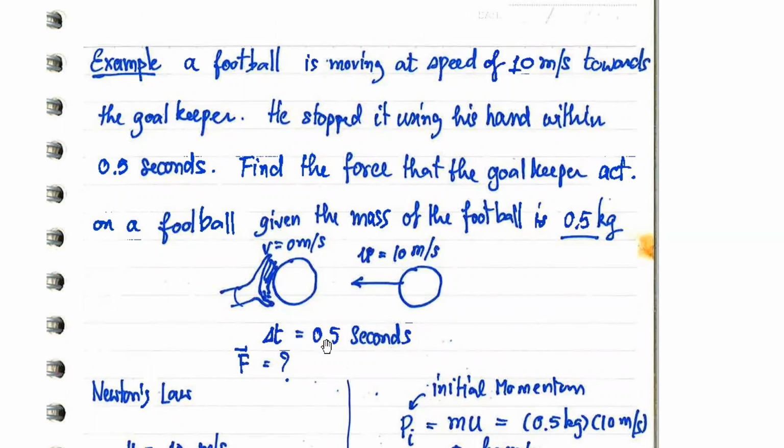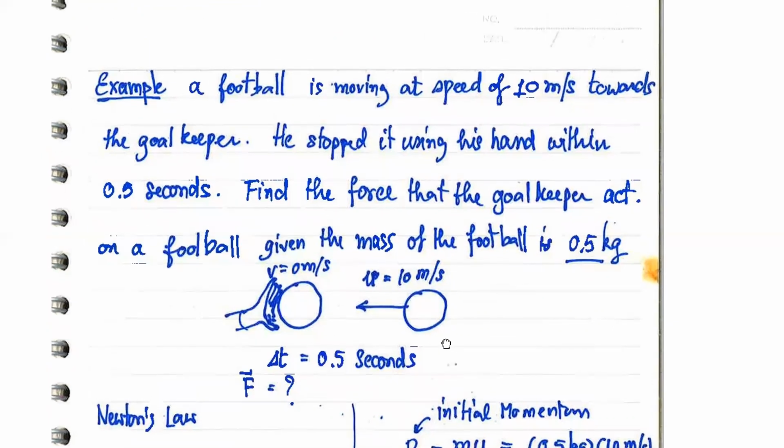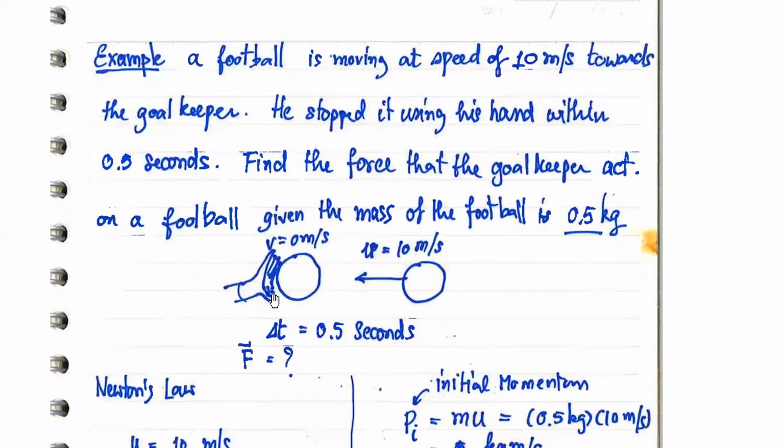And the time is 0.5 seconds. And they ask, what is the force? Well, think of it as Newton's law. You have initial velocity, final velocity, and the time, so you can find the acceleration. Once you find the acceleration, multiplied by the mass, you get the force.